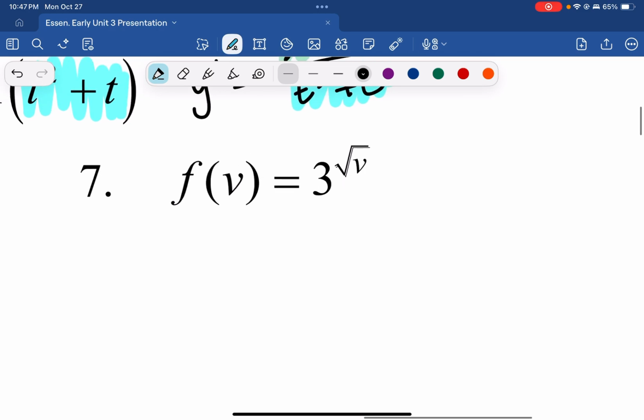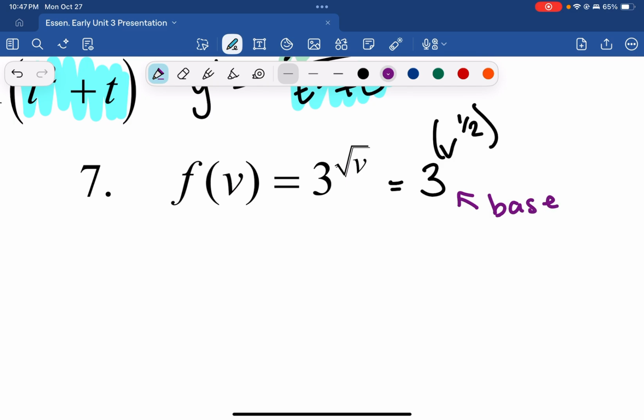Next, let's look at number 7. I've got 3 to the square root of v. So I'm going to rewrite that square root of v, so we get 3 to the v to the 1/2. Our base is 3. The derivative for something like this is going to be the base to the u times u prime times the natural log of a.